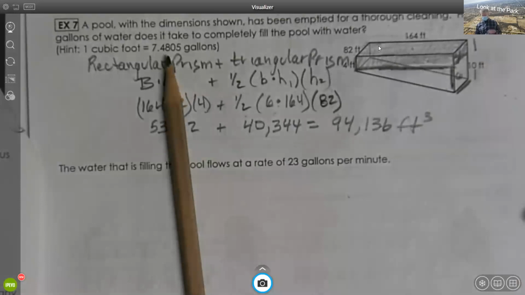So what we have to do is recognize that one cubic foot is actually 7.48 gallons. 0.5 if you want. Yep.